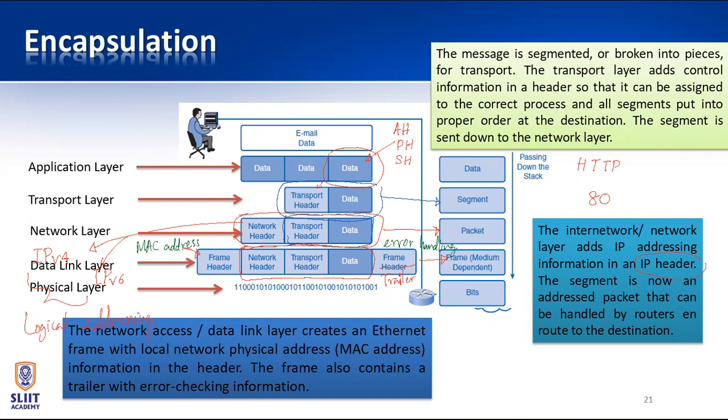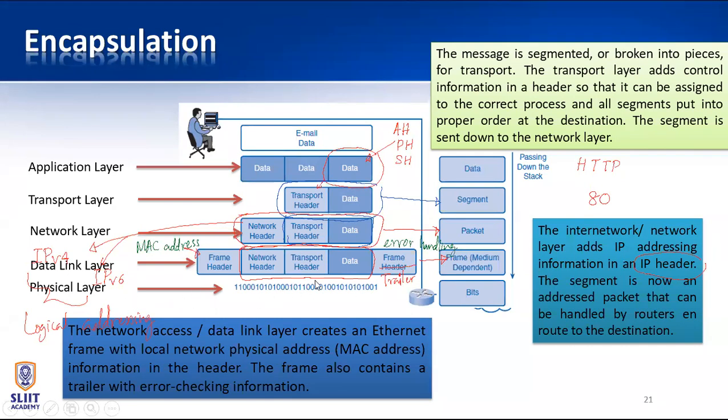It will not read the physical address or IP address, because they will read all the information as binary values, right? So hubs and repeaters are physical layer devices, and they will read information in binary form. So they can't recognize the addressing information, right?